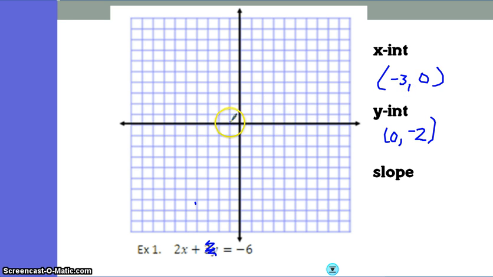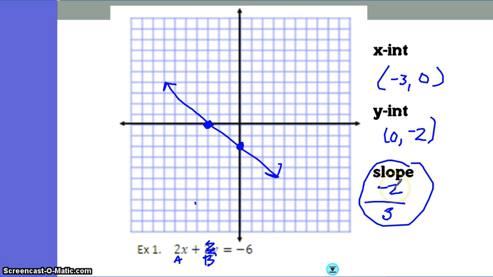All you have to do is then plot -3 on the x-axis, -2 on the y-axis, and connect. Your slope for this one would be the opposite of A over B. The slope would be -2 over 3.